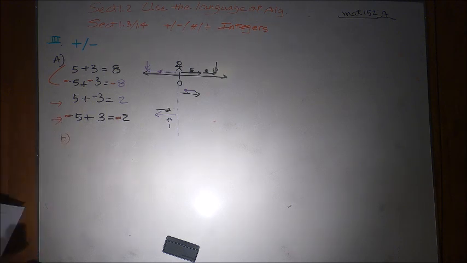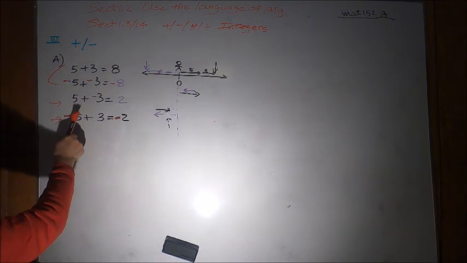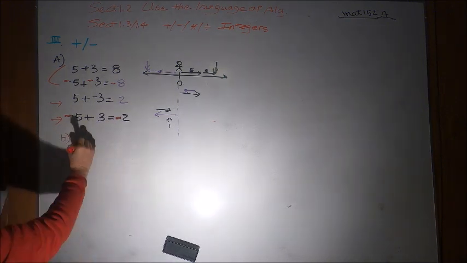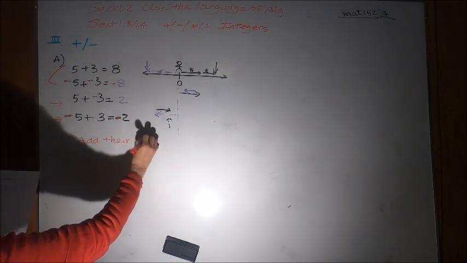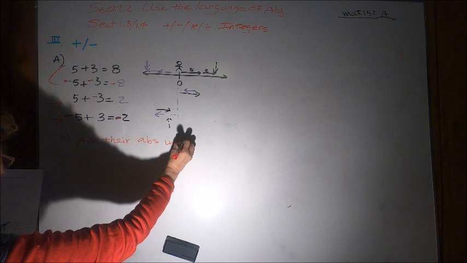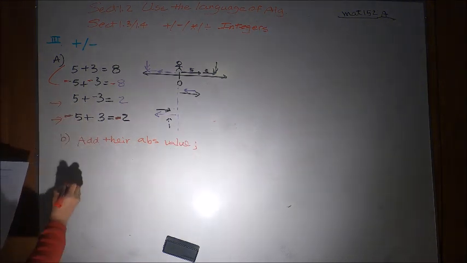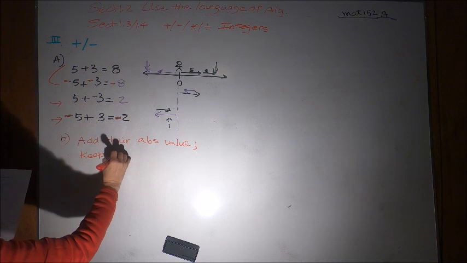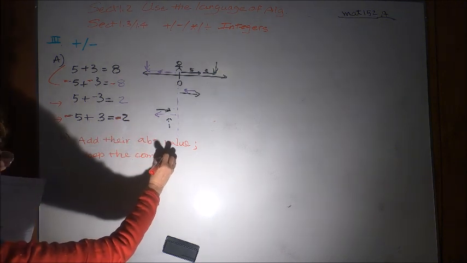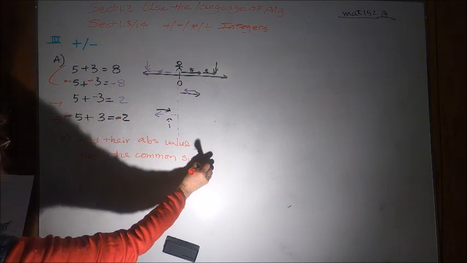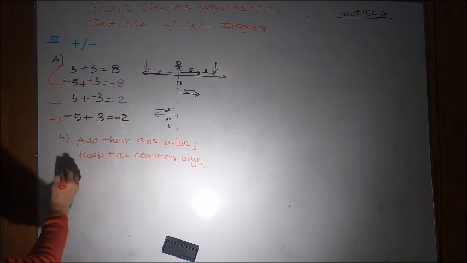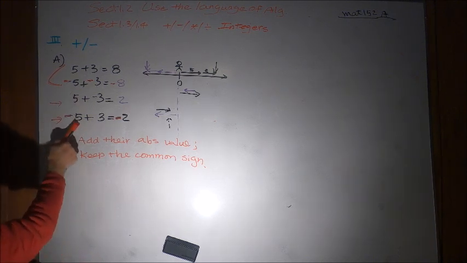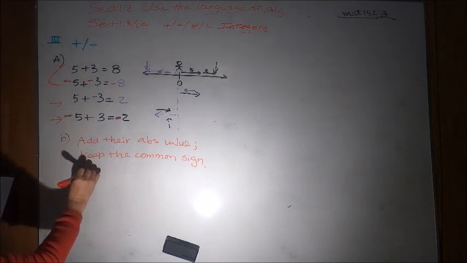So the rule we are talking about is what? For the value, how many steps you make, right? So you add the what? You add their absolute values. You just look at how many steps there are, right? Then you keep the common sign. If both have the same sign and you just combine them, then keep the common sign, right? If different, two different signs, then you will what?